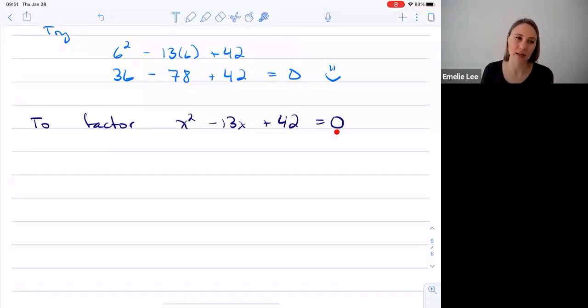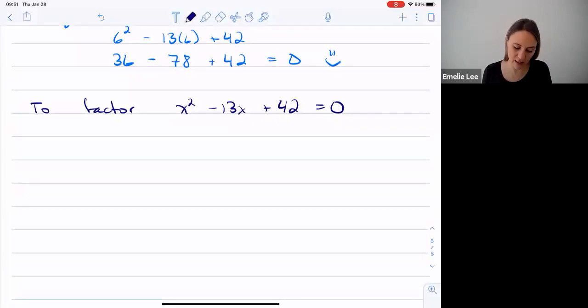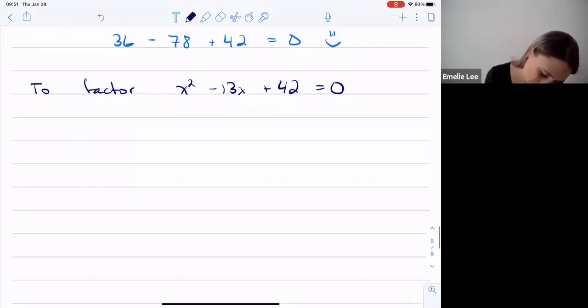We just imagine it equal to 0. As soon as we see something of this form, we'll be able to factor it using the quadratic formula. To factor this, we need to remember that x equals 6 makes it 0 and x equals 7 makes it 0.